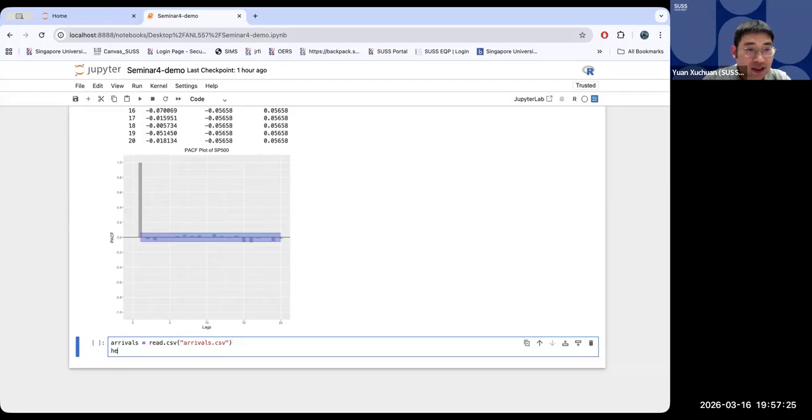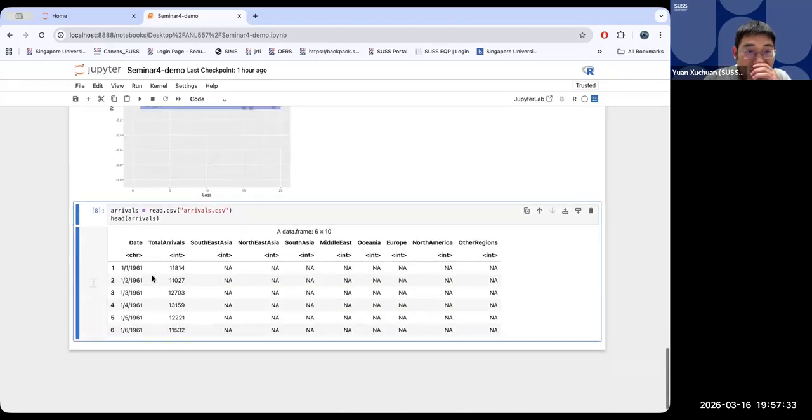And let's look at the columns. Yeah, we need to change the name of the second column because currently it is total arrivals. So we want to change it to arrivals and also change the date into the date format in R.